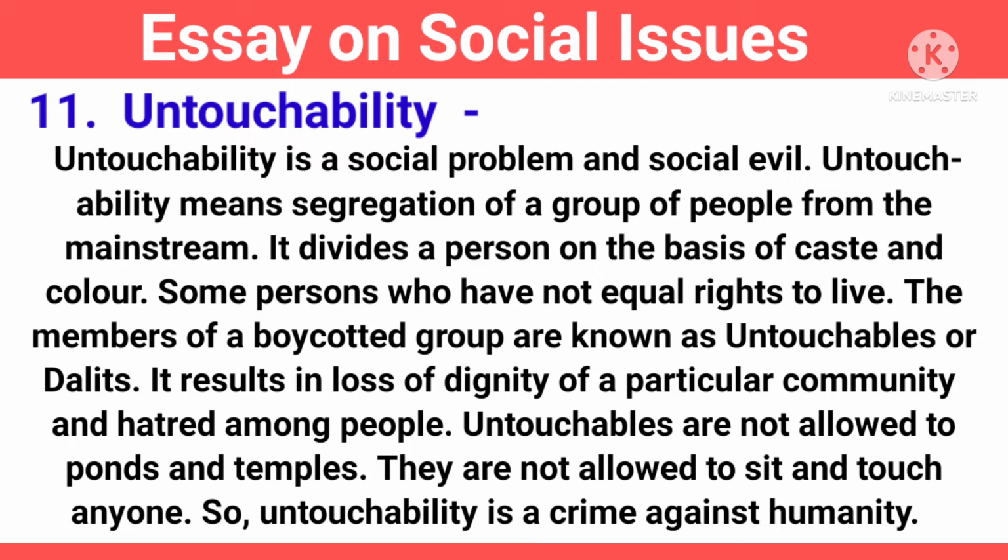It results in loss of dignity of a particular community and hatred among people. Untouchables are not allowed at ponds and temples. They are not allowed to sit and touch anyone. So untouchability is a crime against humanity.